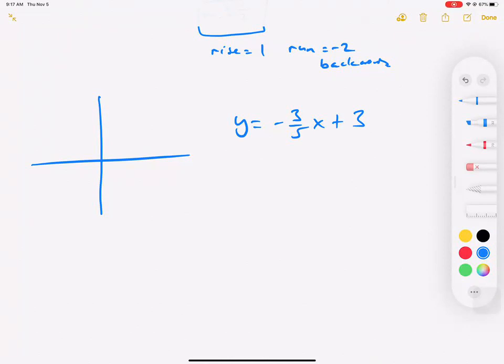Okay, so my slope and my y-intercept. My slope is -3/5. My y-intercept is 3. Go ahead and spend a moment to graph this on a small graph on your paper, and then we can compare if it looks like mine.